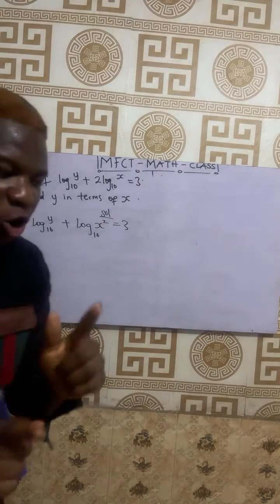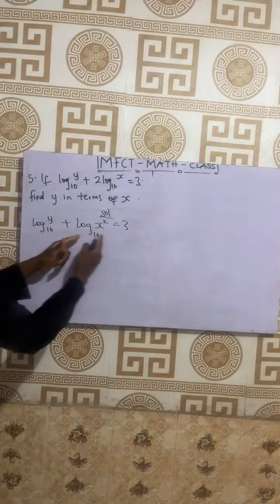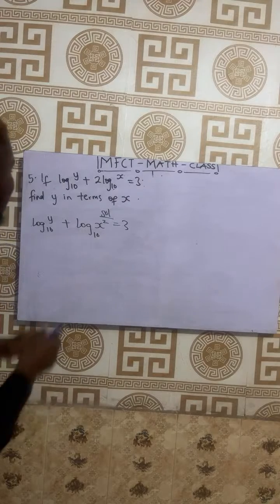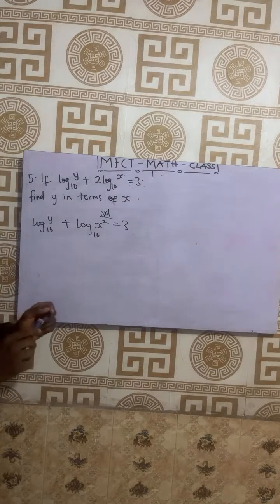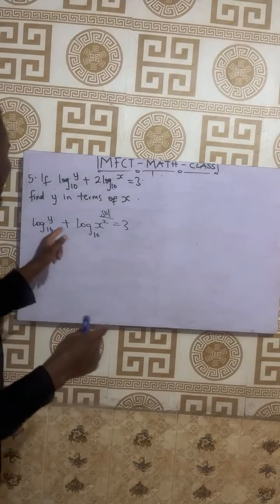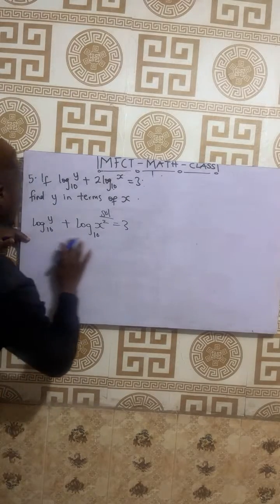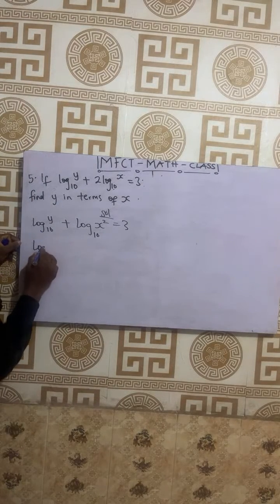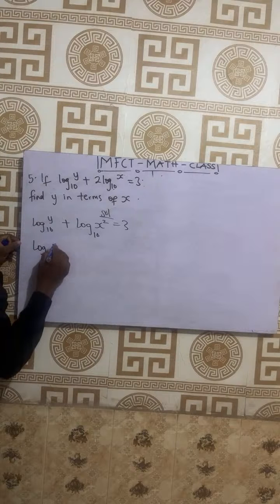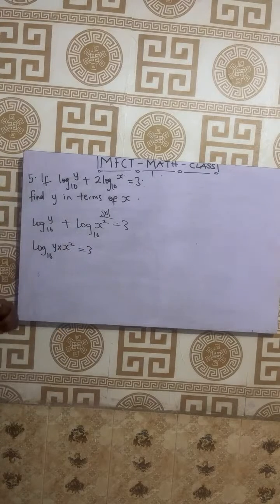The other law you have to understand is that in logarithm, whenever we have two log numbers that have the same base and they are connected together by addition, this addition can change to multiplication. So this expression here, I can rewrite as log base 10 of y times x squared equals 3.